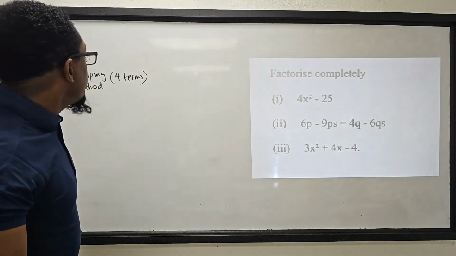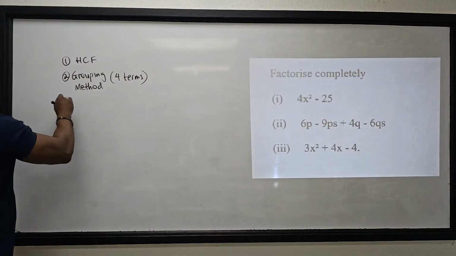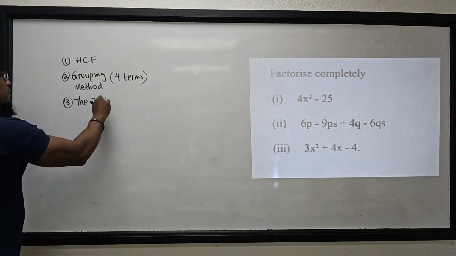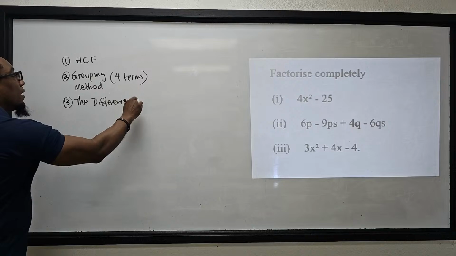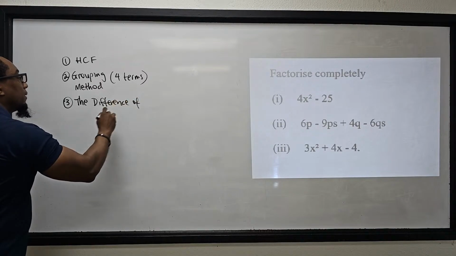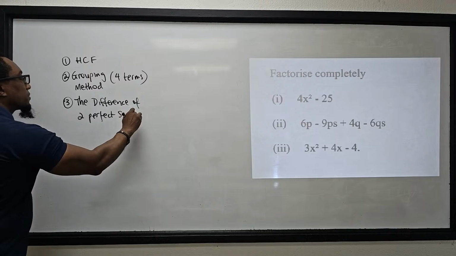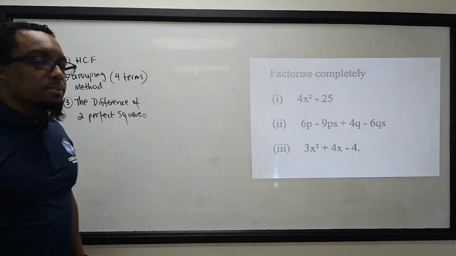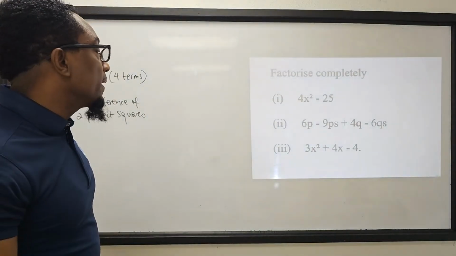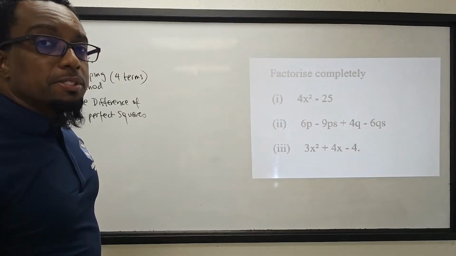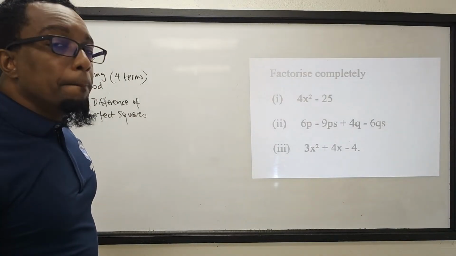The third method of factorization is the difference of 2 perfect squares. So of course, difference means subtraction, and 2 perfect squares.